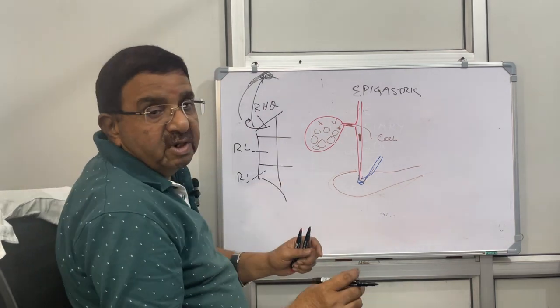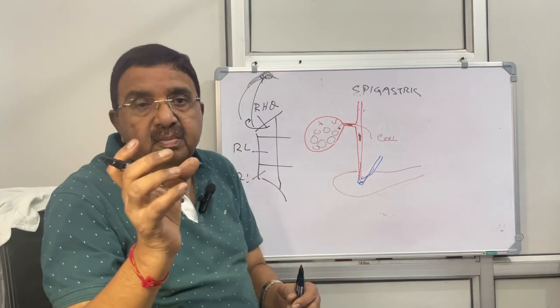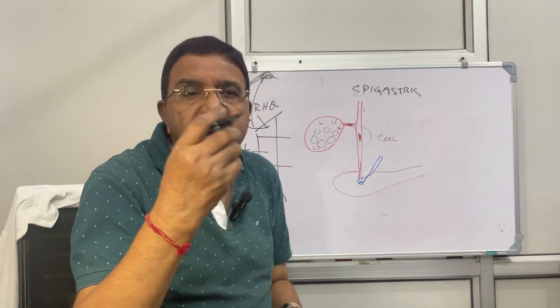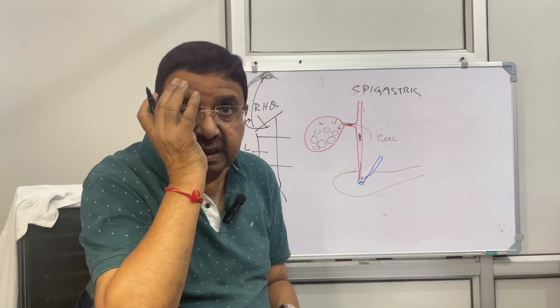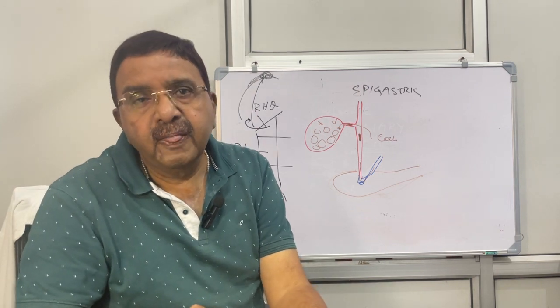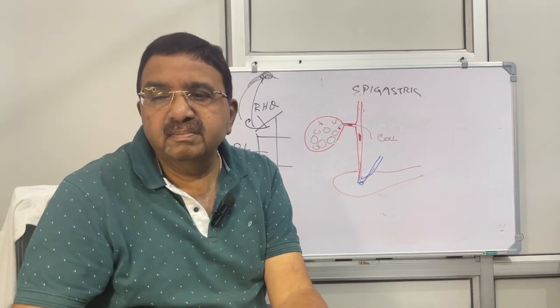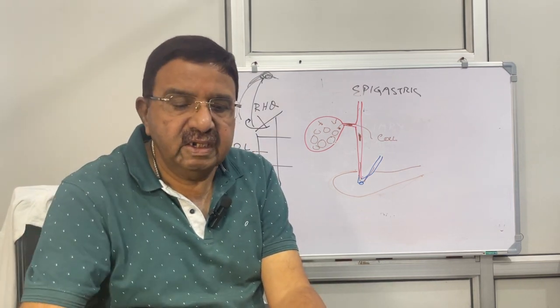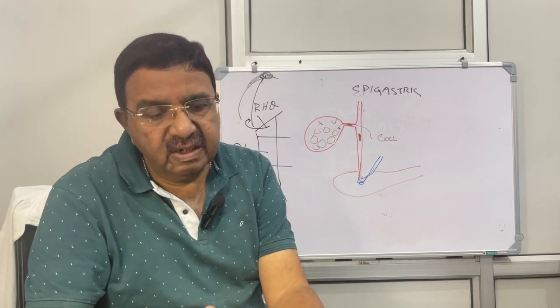When we eat a fatty meal, the gallbladder contracts to release bile so that we can digest that fatty food. So usually this biliary colic occurs after the intake of a fatty meal.